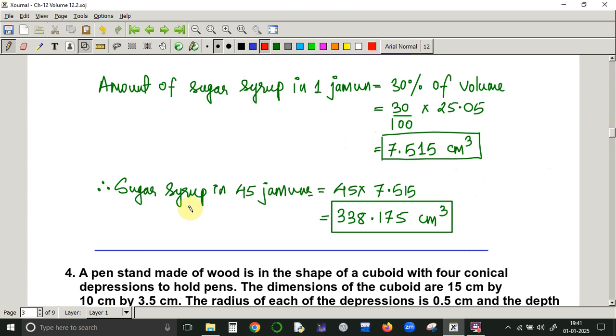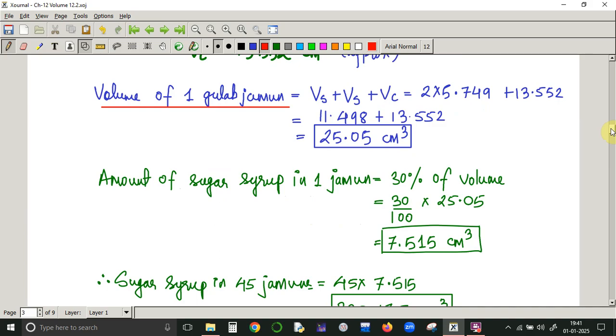So the total volume of sugar syrup in 45 gulab jamun is 45 into 7.515. Multiply it, you will get the answer 338.175 centimeter cube.